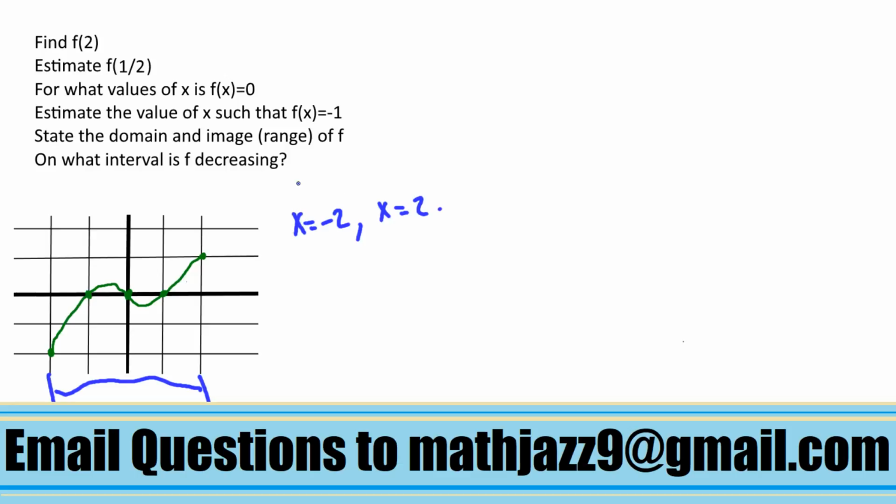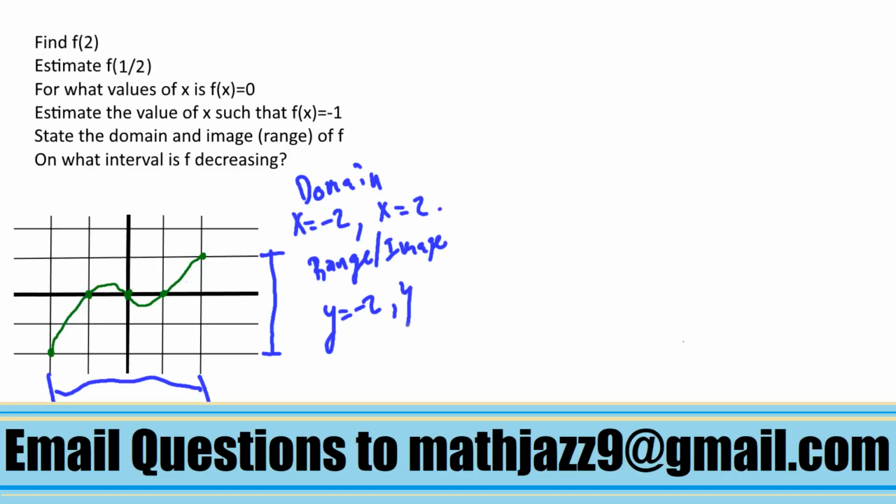This is going to be our domain. On the other hand, our range, or image, are all of the possible outputs. So we hit everything from y equals negative 2 all the way up to y equals 1 in our range or our image.